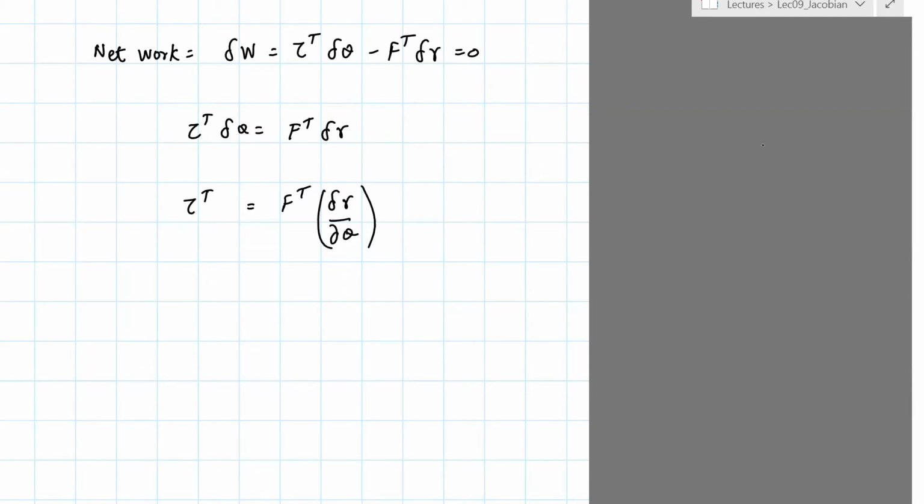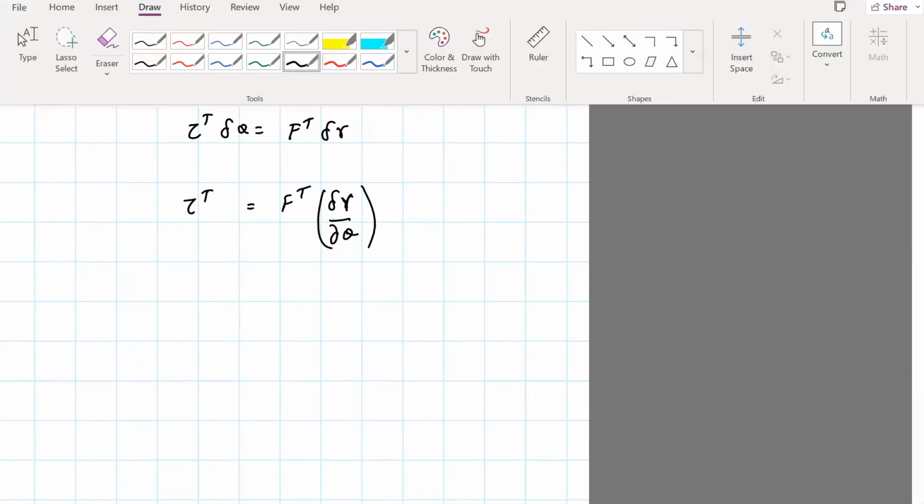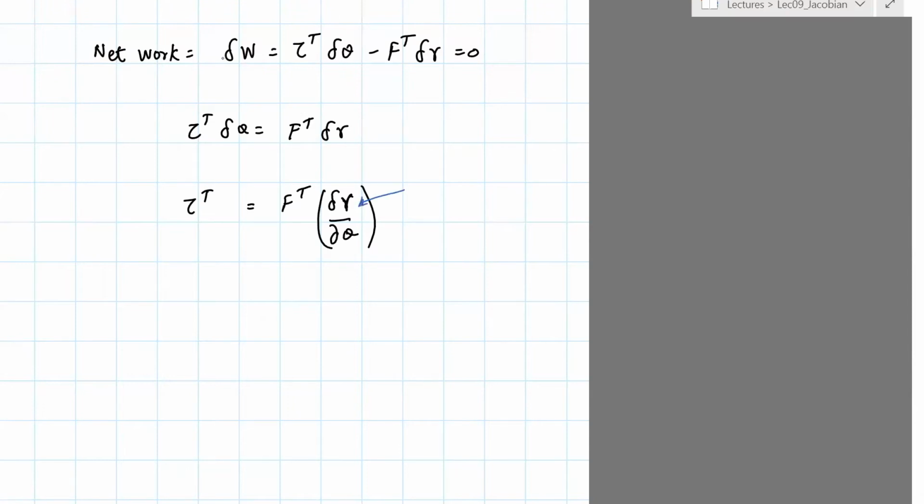Okay, but what we have here is basically how the Cartesian position, like dx dy, changes with respect to the degrees of freedom.